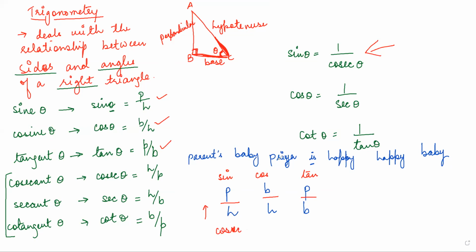Similarly, cos and sec are inverse of each other, so hypotenuse upon base becomes your sec. And this becomes your cot, base upon perpendicular. If you remember this sentence, you can write the trigonometric ratios.